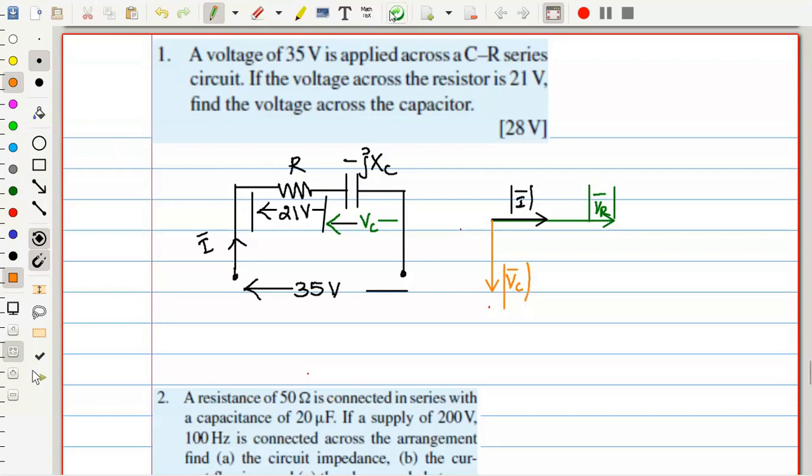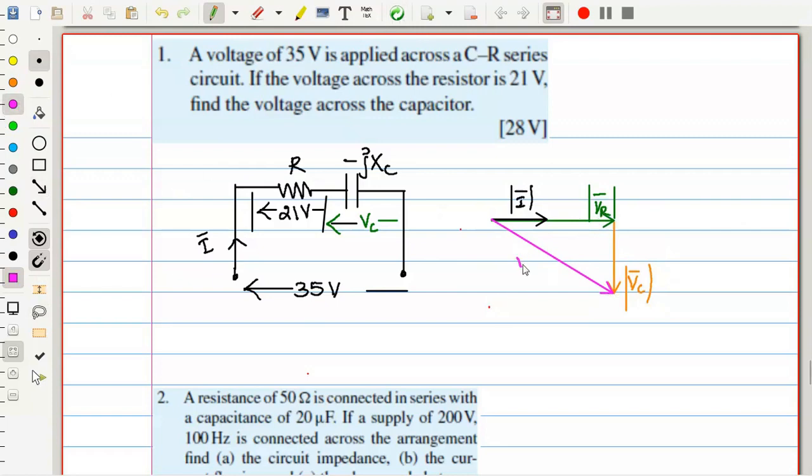To get a clearer visualization, I will put this VC at the tip of VR. Both are equivalent. Now, the phasor sum of VR and VC is the total resultant voltage, that is the source voltage.